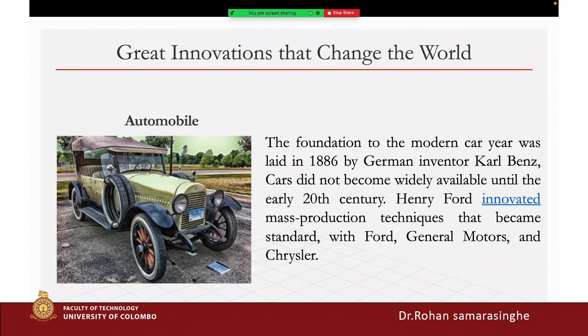And nowadays we can find fuel, battery as well as electric, having these three options in one car. So that's how they develop the technology.